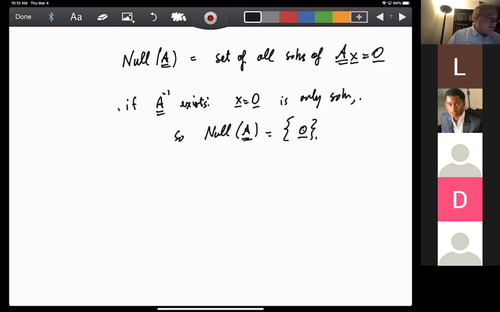So the simple case is when the inverse of your coefficient matrix exists, then your null space is just the 0 vector. If there is no inverse for your coefficient matrix, then you look at the solution set.